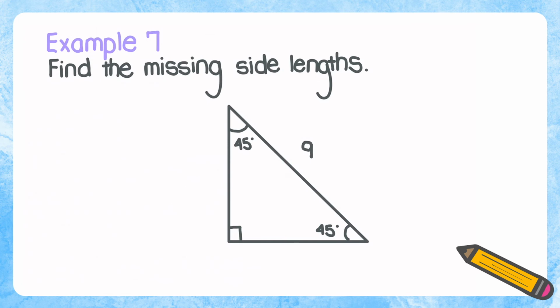Here is example 7. We are given the hypotenuse length, this length right here, which is 9. And we have to find the missing lengths of the legs. But I noticed that something's different here. I don't have that extra radical 2 in the hypotenuse length. So I'm going to rewrite it so that it does have that radical 2.